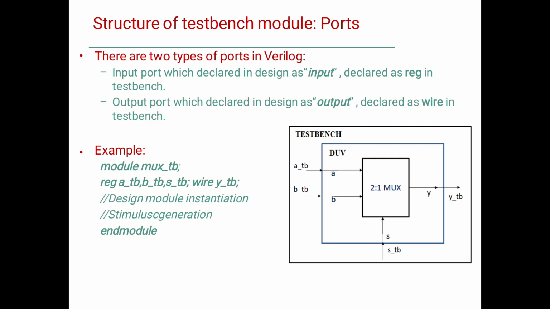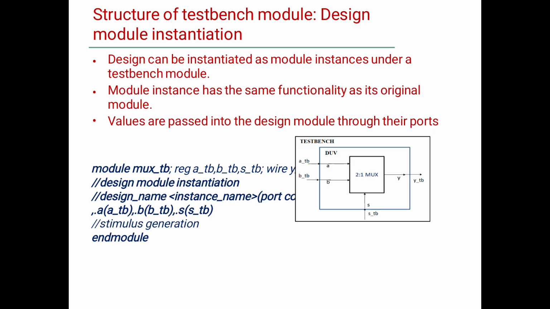This is a design module instantiation, then stimulus generation, and we will be checking our input stimulus. This is the structure of the test bench module. Design module instantiation is nothing but a copy of a design, functioning as per the original module. The values are passed into the design module through its ports. This is the example. The design under verification and the test bench are used to verify our design.